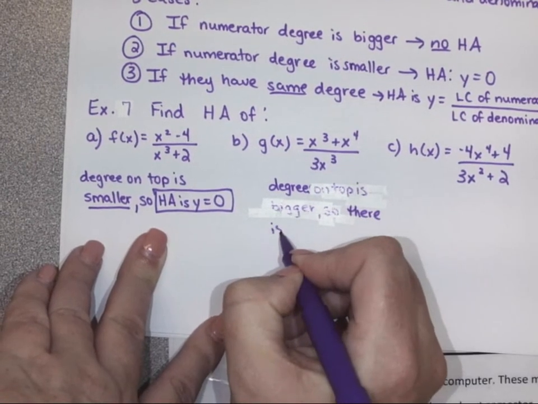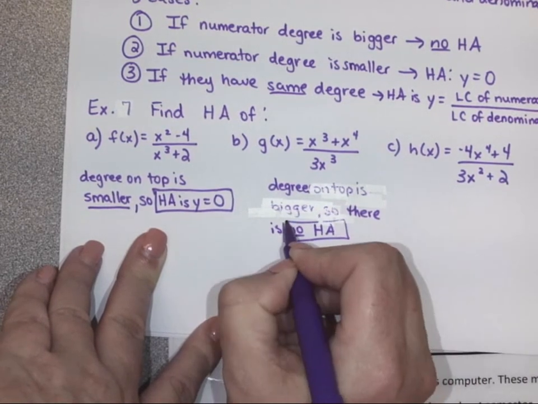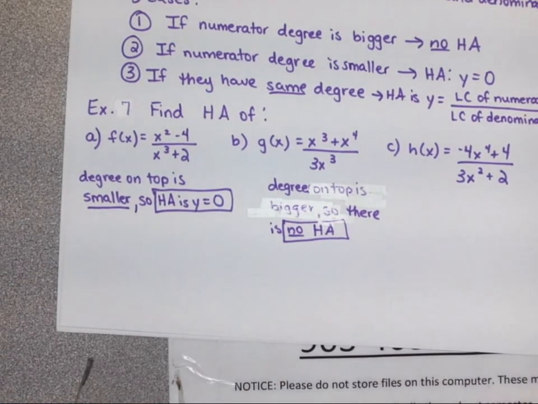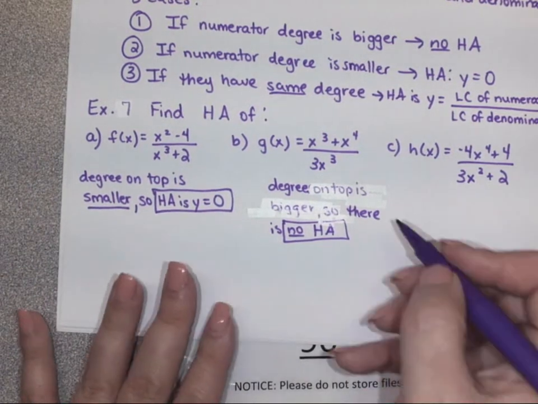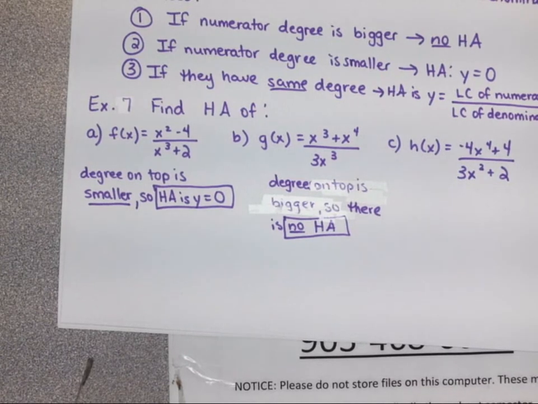It means there's not one. There is no horizontal asymptote. So on your My Math Lab homework, there will be a multiple choice option for you to choose none. I don't know why the lighting is so bad. It's because I wrote over white out and it's glary, but anyway, that's supposed to say the degree on top is bigger, so there's no horizontal asymptote.